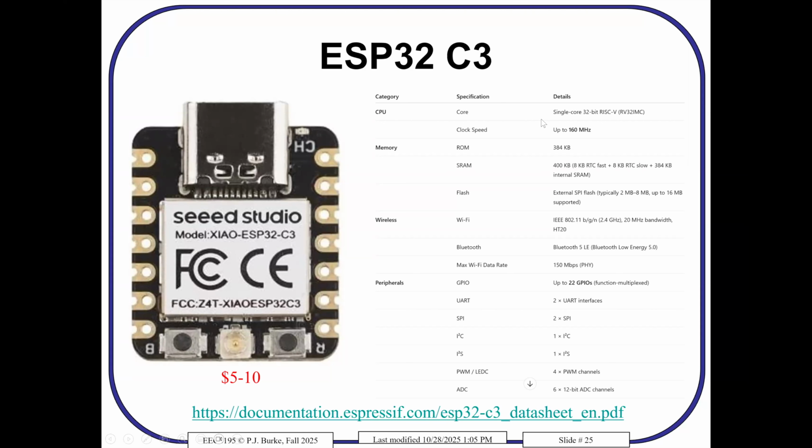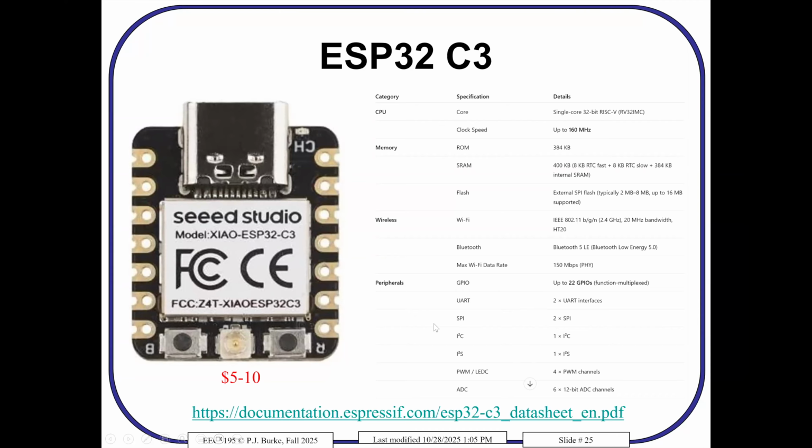It's a 32-bit RISC processor with 160 megahertz, 400K ROM, 400K SRAM. The flash is contained in this board, so I think we have internally or externally a few megabytes of flash, and then onboard Wi-Fi, onboard Bluetooth, and all the things that any other microcontroller has. 22 GPIOs, 2 UARTs, 2 SPIs, 1 I2C, 1 I2S, 4 PWM out channels, we talked about that, and then 6 ADC channels.